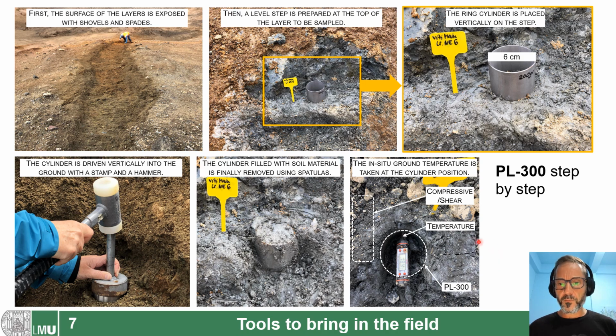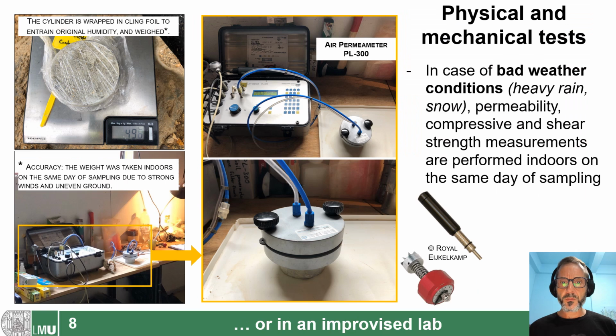And at the same time, after the collection of the sample, we also use our moisture device to measure the humidity in the very proximity of the collected sample. Then the cylinder is wrapped in cling film to maintain its original humidity level, and is weighed with a scale.